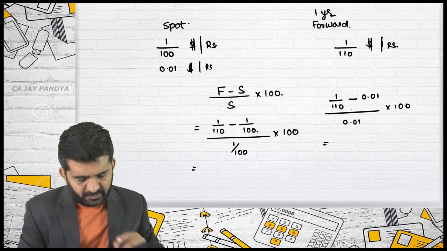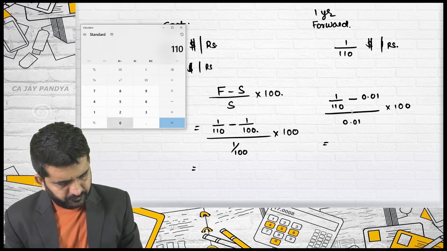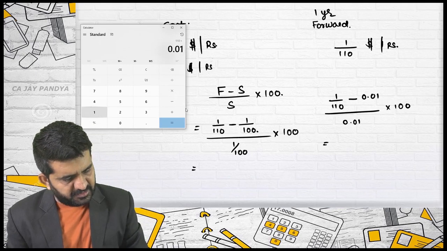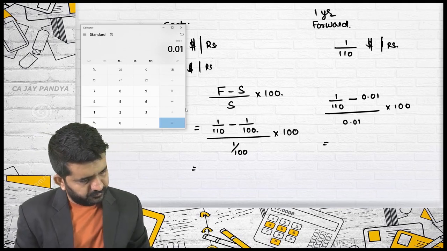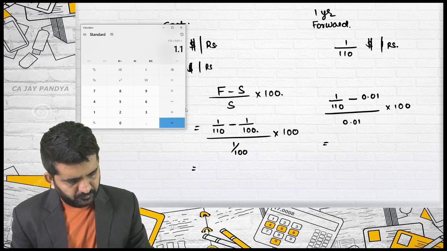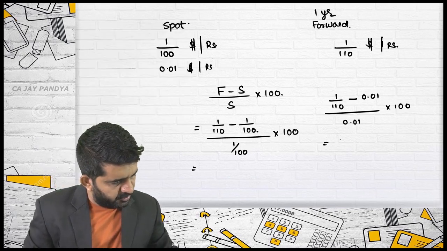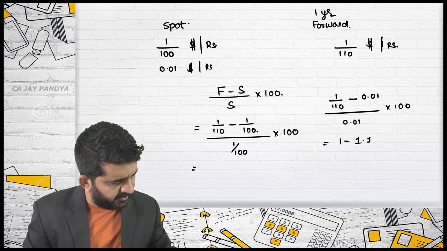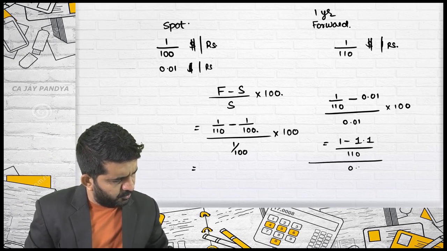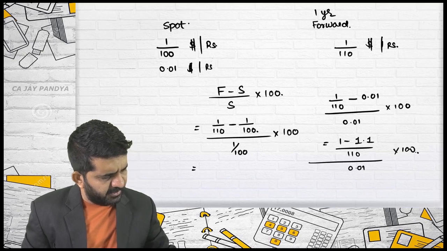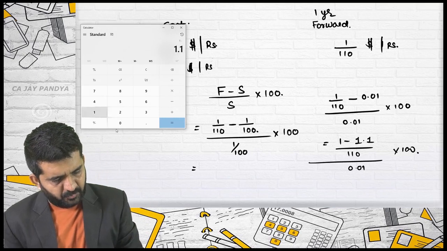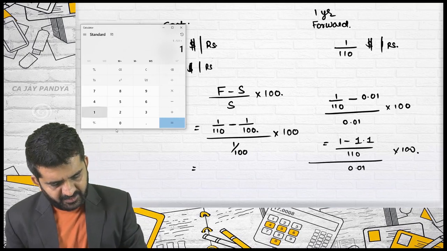It is 110 multiplied by 0.01, which is equal to 1.1. So it is 1 minus 1.1, divided by 110, upon 0.01, multiplied by 100.